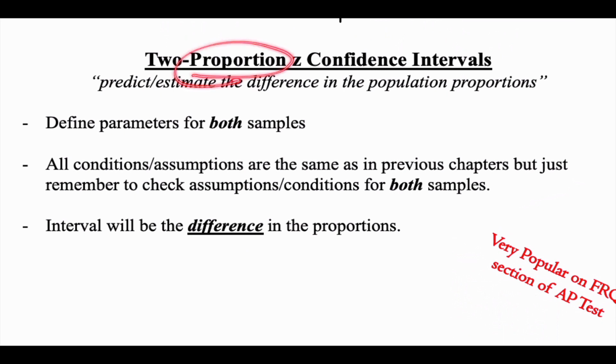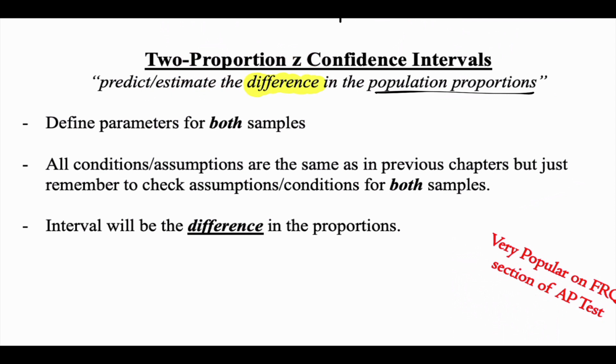Today's all proportions, so it's always going to be Z. We use this to predict or estimate the difference in the population proportions, the true difference between the two.